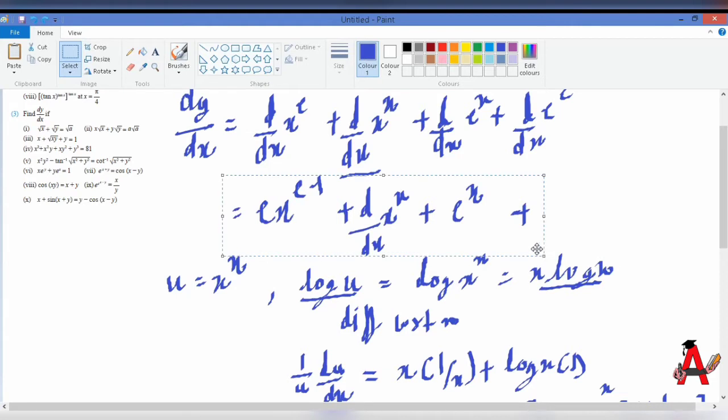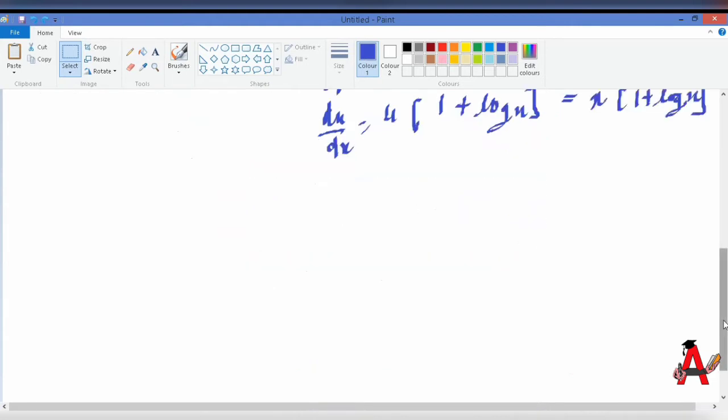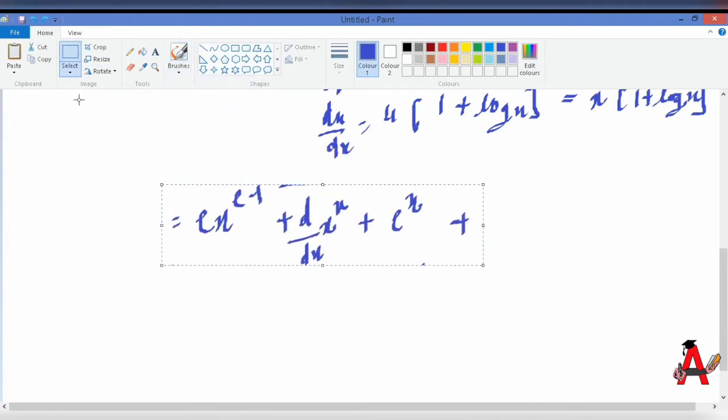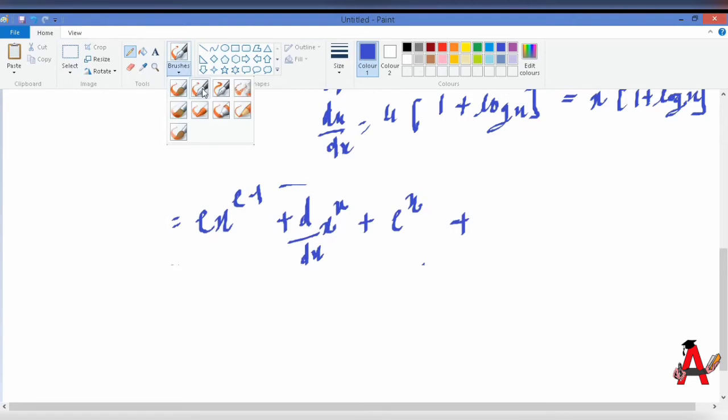Write this as the answer, and the final answer can be written as dy by dx is equal to e raised to x into x raised to e minus 1.